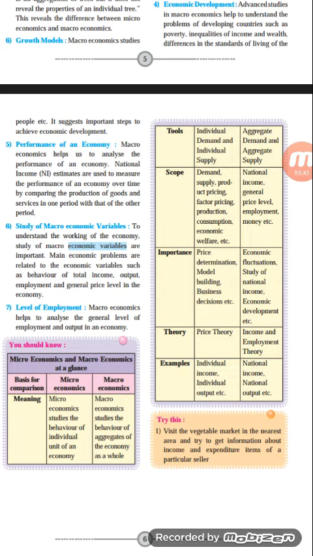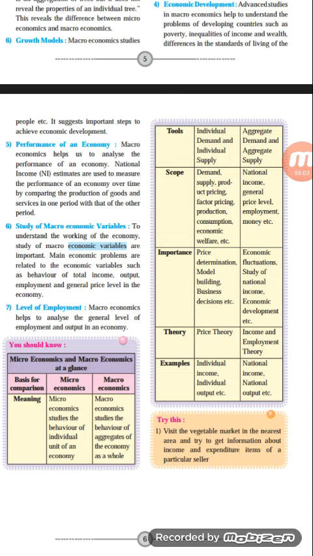So here we have completed our chapter, the introduction to micro and macroeconomics. Now on page number 6, a distinction between microeconomics and macroeconomics is given.